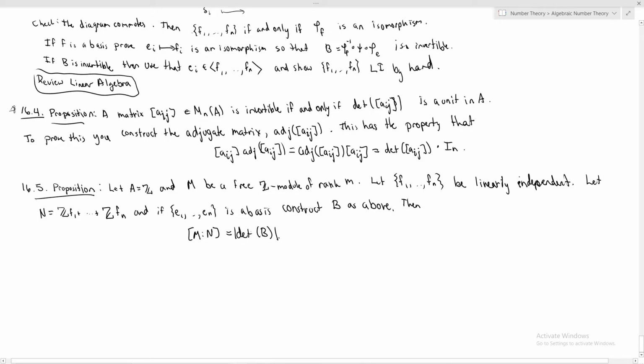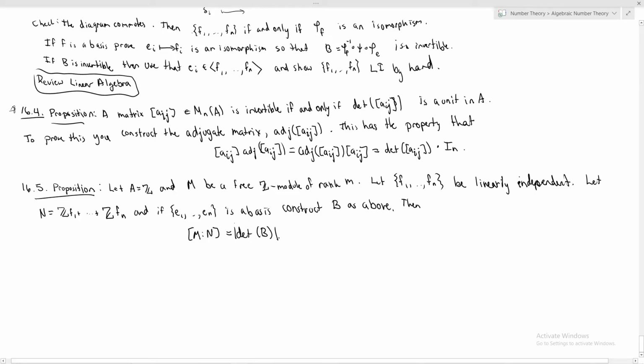In Z this means that this determinant is either plus or minus 1, so this matrix B is invertible if and only if the determinant of the matrix is plus or minus 1, and the matrix is invertible if and only if these fi form a basis by 16.3.